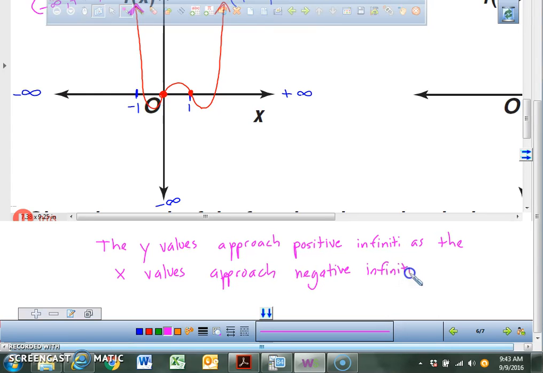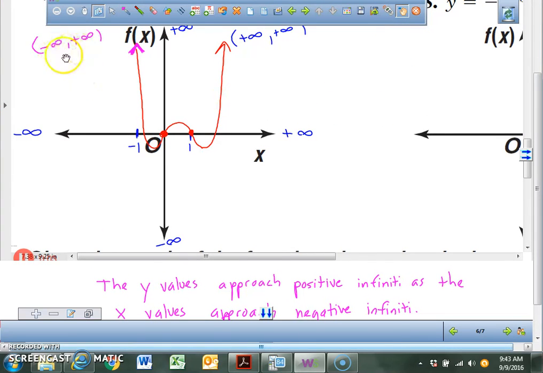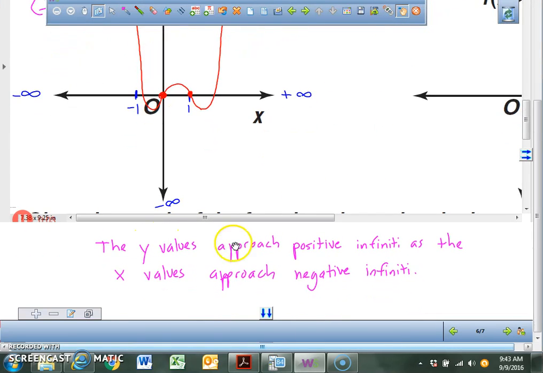I'm using this magenta color to describe what's happening in this portion of the graph. The y values approach positive infinity as the x values approach negative infinity.